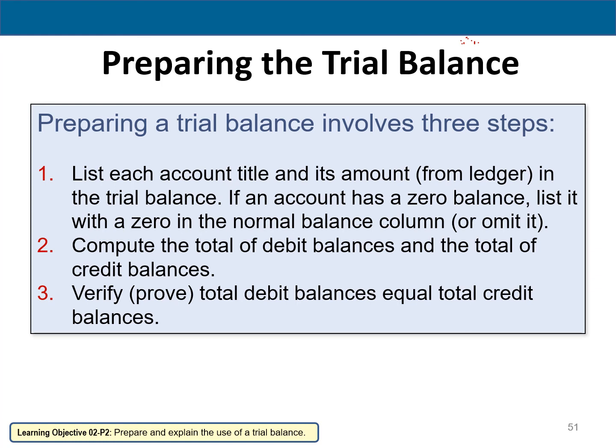All the trial balance is doing is pulling the account name from those T accounts and the balance. And just like the T accounts or the ledger, on the trial balance you have two columns as well. And so your first column, or the column to the left, is where you put all of your debits or your normal balances of a debit. And then on the right side is where you put all of your credits or your normal balances of a credit.